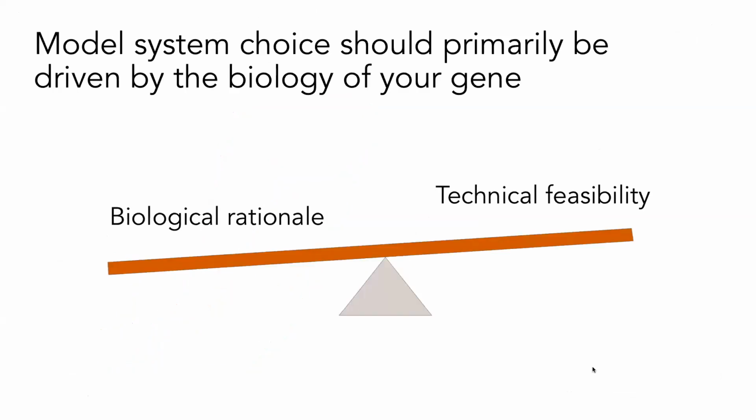And for me, really the fundamental thing I think about is you're in this balance between the biological rationale for, is your gene going to function the way you think it is in your model system? And that almost always comes with the trade-off of technical tractability.